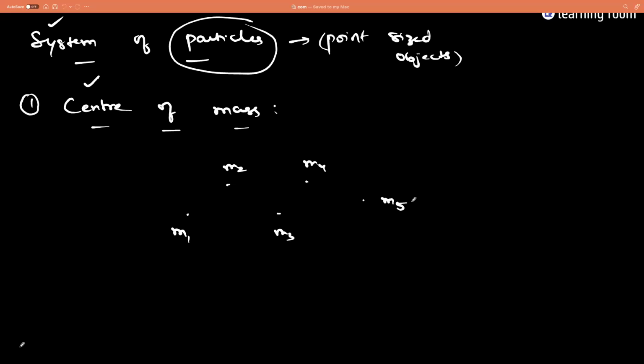But the question here is, if I have to replace the whole system of all these five particles with one particular particle whose mass I call M equivalent, then this M equivalent can be defined in terms of the masses of these particles and their positions.